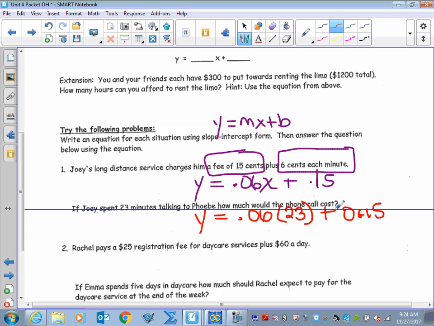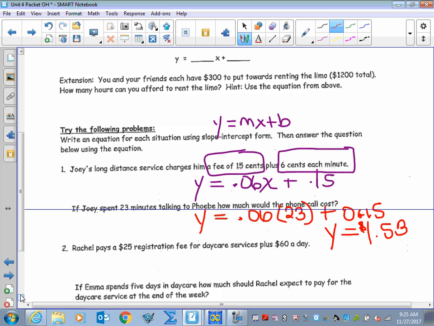So you're going to multiply 0.06 times the 23 and then add 15 cents and see what the total cost would be. If someone would let me know. How much? All right, $1.53. Is that correct? We are going to use a dollar sign since we're talking about money. Just make sure you use the dollar sign.